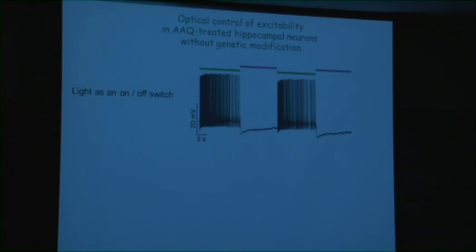And the photo effect happens quickly, reliably over many trials. There's no photobleaching or anything like that of this molecule. And you can see the onset of the response is very, very fast. And you can do this in a more refined way by changing the equilibrium between the cis and the trans state. You can dial in how much excitability you want to have in a particular neuron.